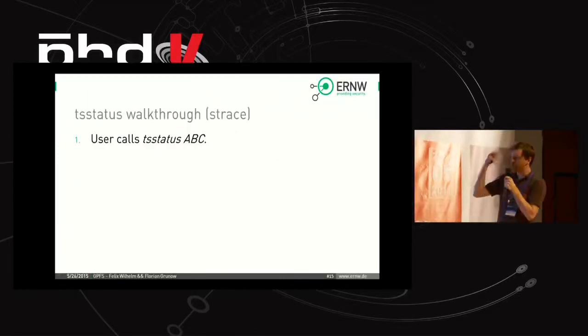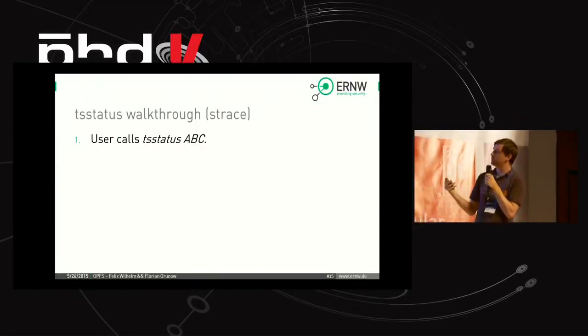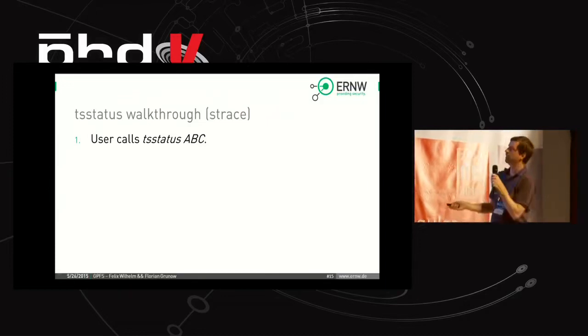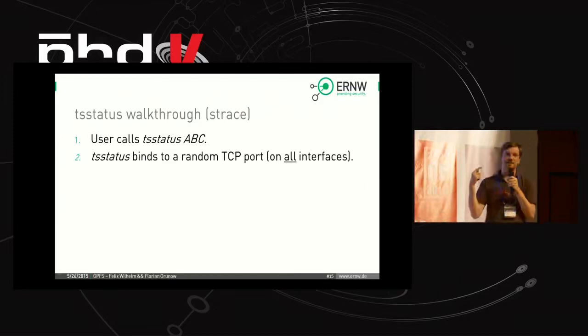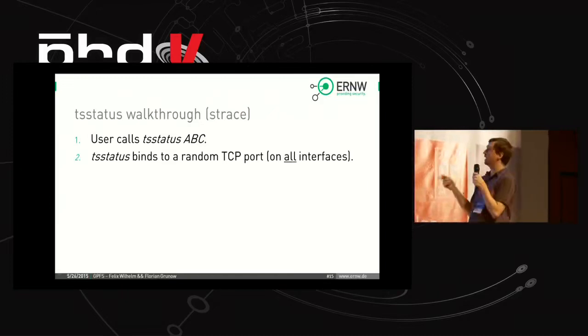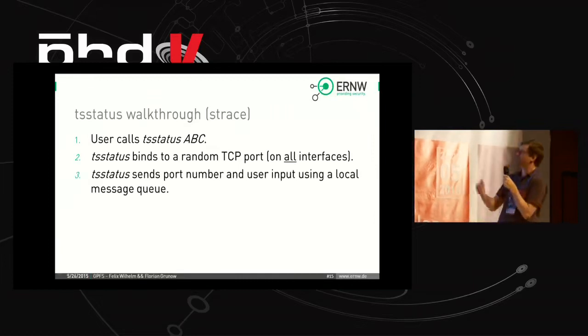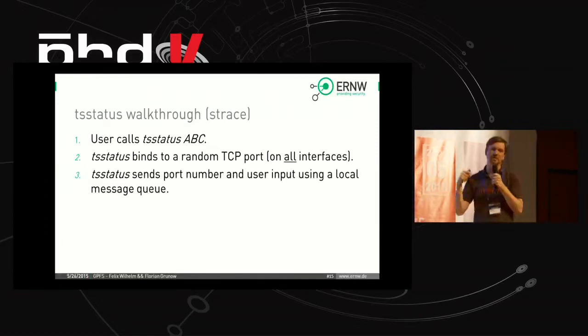And what we found out by using strace is that if you start the binary tsstatus with one argument, tsstatus will bind to a random TCP port on all network interfaces. It will then send the port number and the user-supplied input into a local message queue.